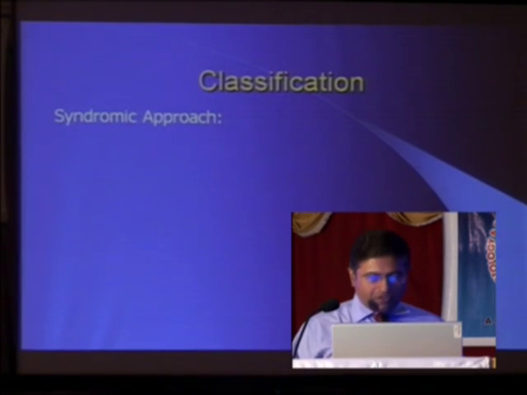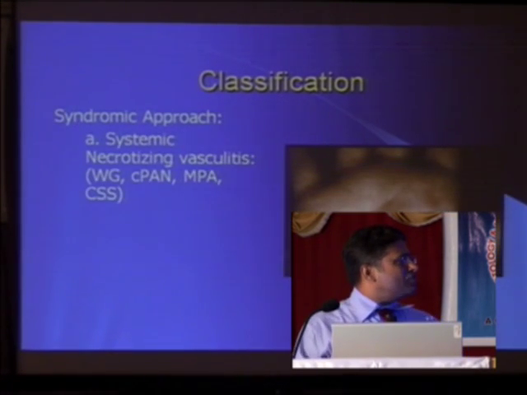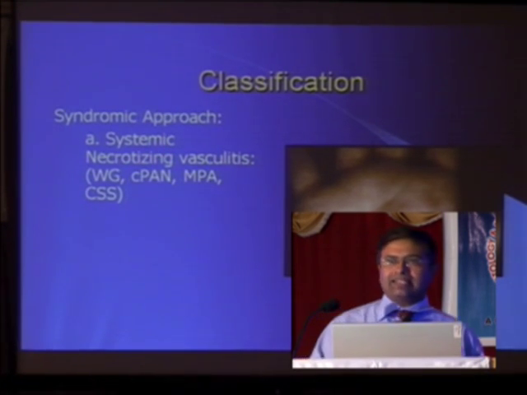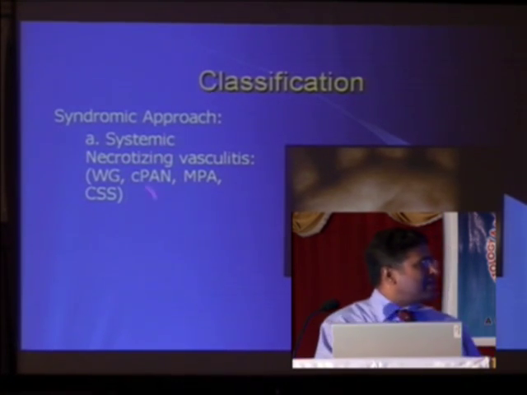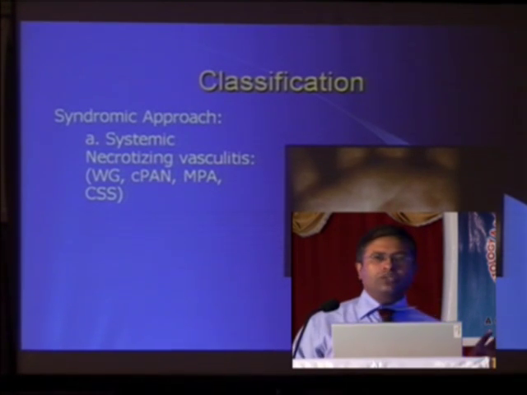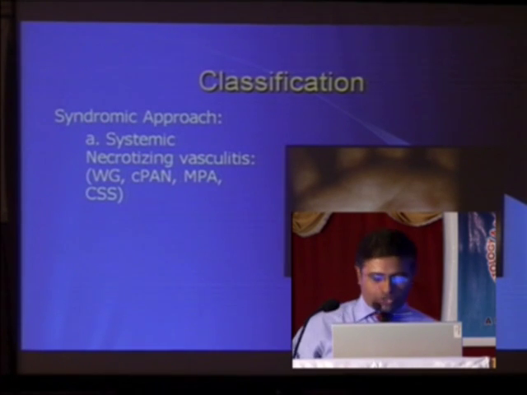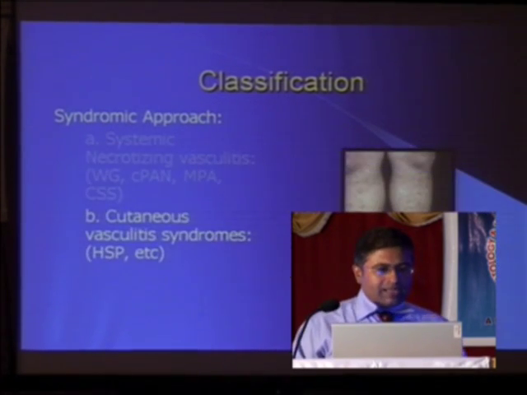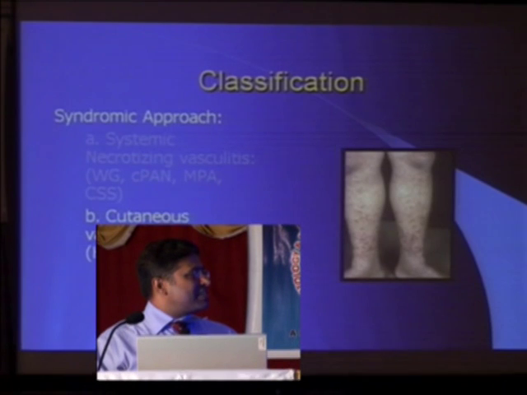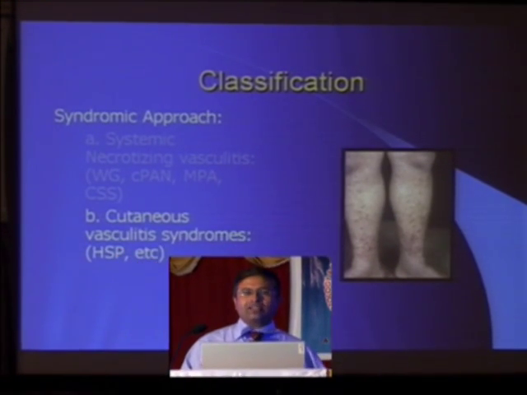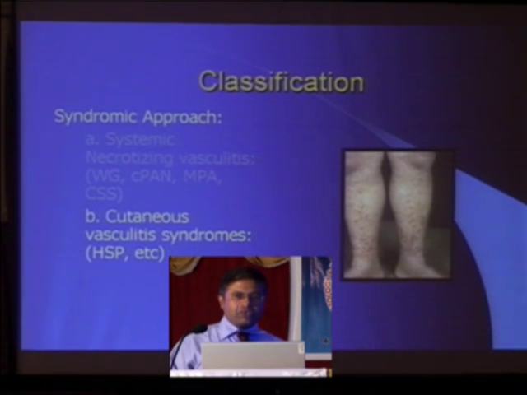On the basis of syndrome, there are 3 broad groups. Either it is systemic necrotizing vasculitis, which is like your classical polyarteritis nodosa, and things like Wegener's, microscopic polyarteritis, and Churg-Strauss syndrome. The second one is cutaneous vasculitis syndrome, for example Henoch-Schönlein purpura which we see in children, and the hypersensitivity vasculitis.